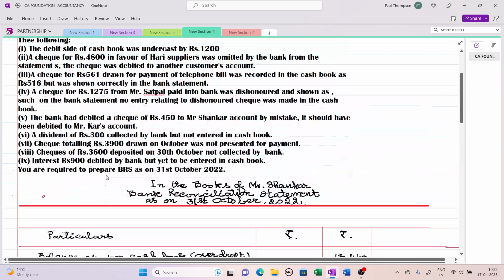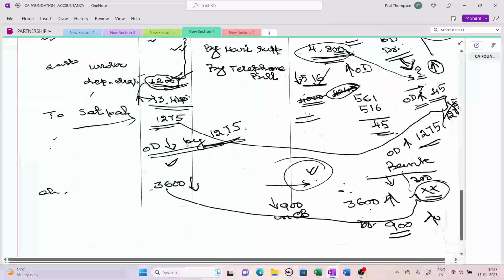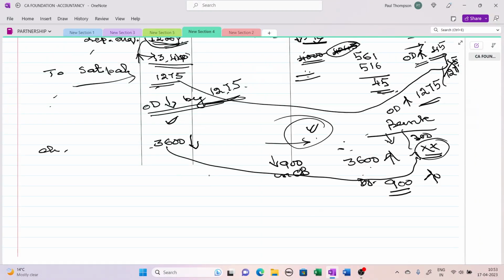So now coming to one more item. Sorry, I have left out this. Cheques totaling 3,900 drawn on October were not presented for payment. Now in the cash book, what I did, I have issued a cheque for 3,900.